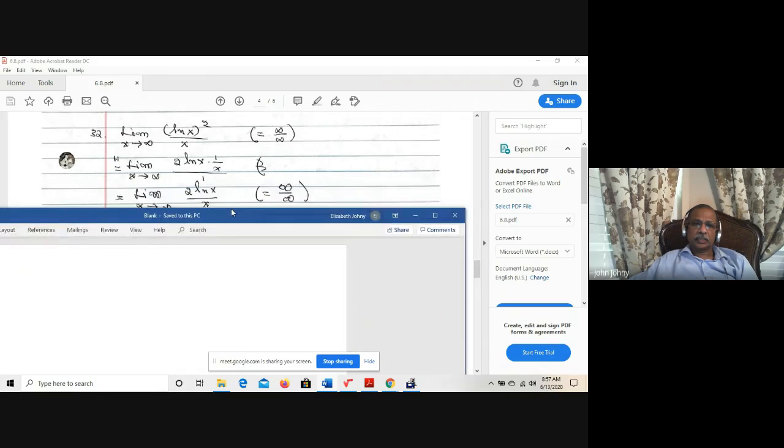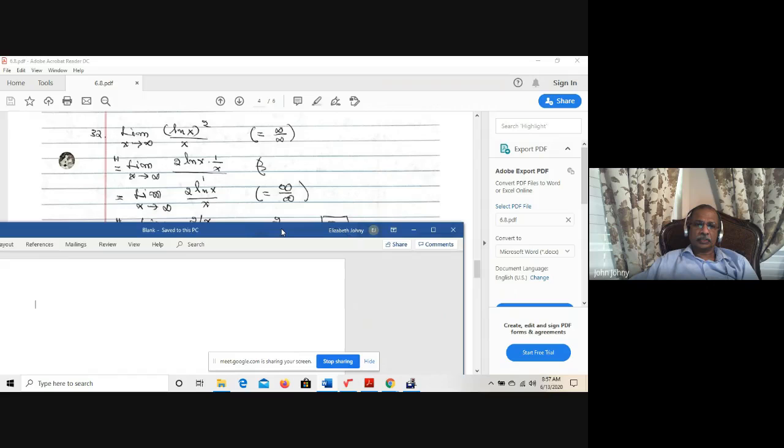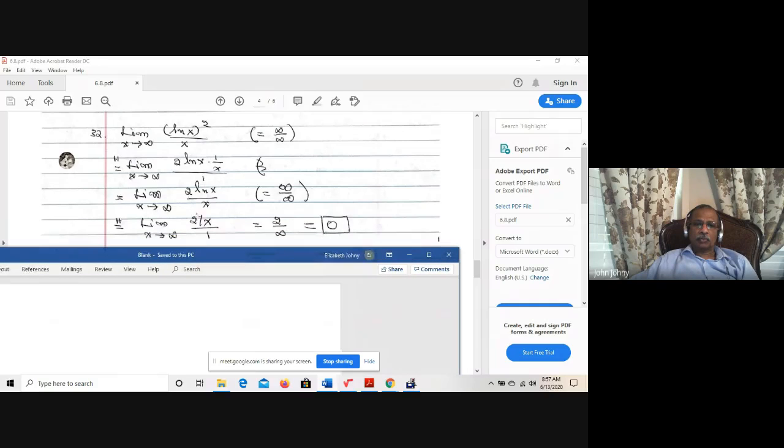That is the same as 2 natural log of x divided by x, which is again infinity over infinity. Differentiate once again. You get 2 times 1 over x, which is 2 over x, divided by 1, which is 2 over infinity, which is 0.